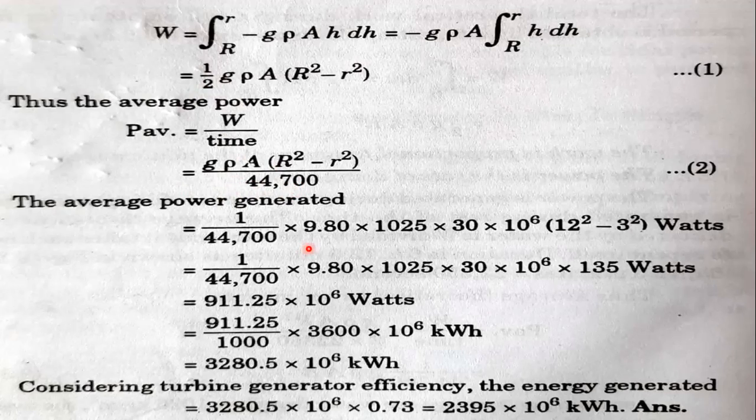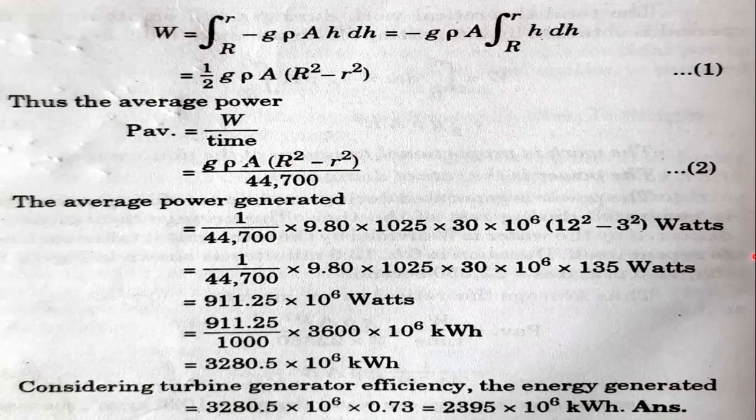Now we will substitute the required values in the formula. Here the average power generated is 1 by 44,700 into G, which is 9.81, a constant, and rho is also a constant, 1025, into area, given as 30 into 10 power 6, and maximum height is 12 and minimum is 3.